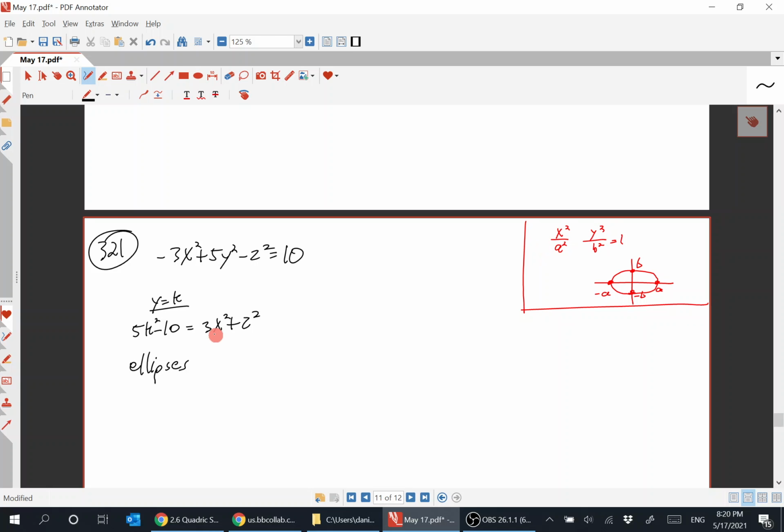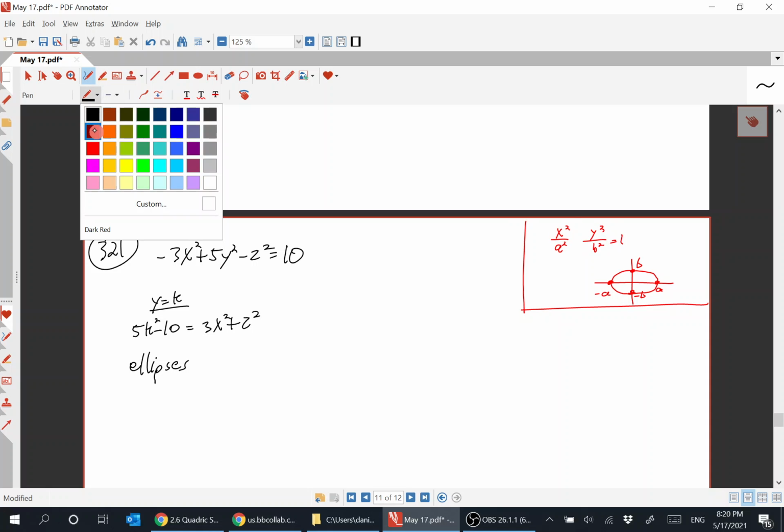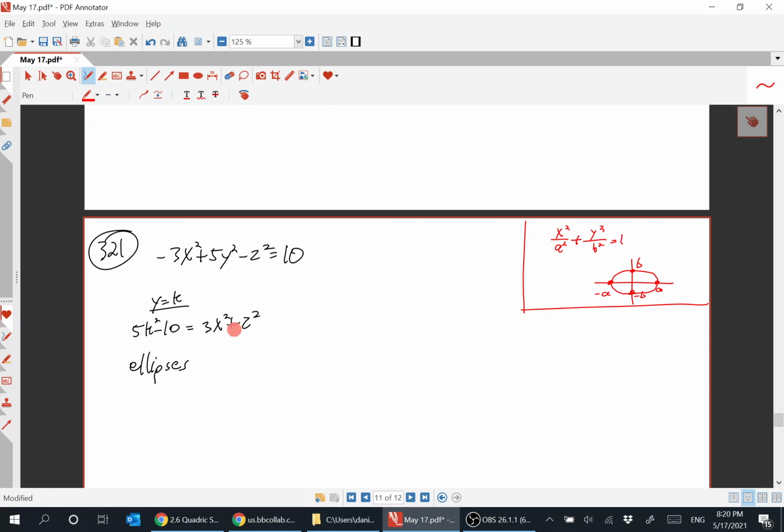Of course, I have to divide out by the 5k squared minus 10 or whatever to get it into this form, but that's not important. Both of the terms here are positive. If one term is negative, then you get hyperbolas. If two terms are negative, again, you'll get ellipses, just by switching the sides of the equation. So I have ellipses parallel to the xz plane.